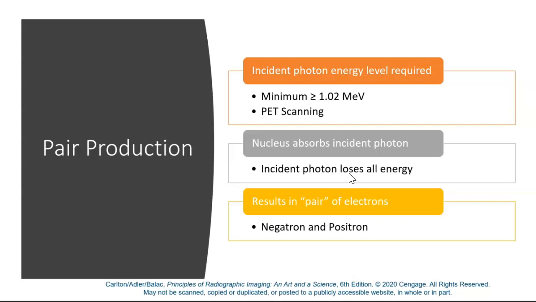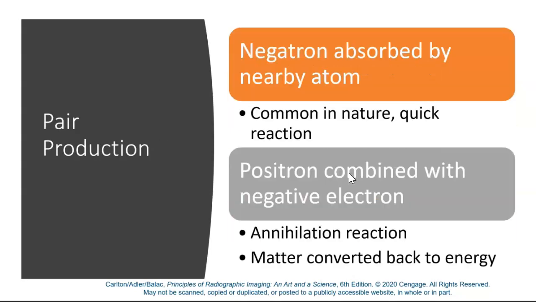So what happens is the nucleus absorbs the incident photon. The incident photon loses all energy, and this results in a pair of electrons. So there's a negatron and a positron. The negatron is absorbed by a nearby atom.